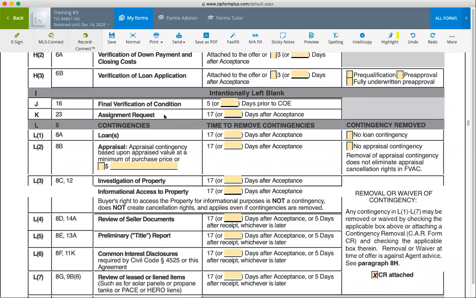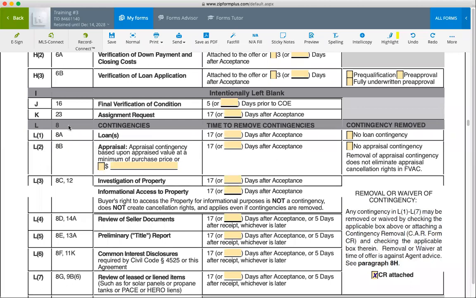All contracts are assignable based on the language in paragraph 23, and we'll get to that shortly. If the buyer is going to ask for the contract to be assigned, the default is that they would do so within 17 days. That also is covered in paragraph 23.